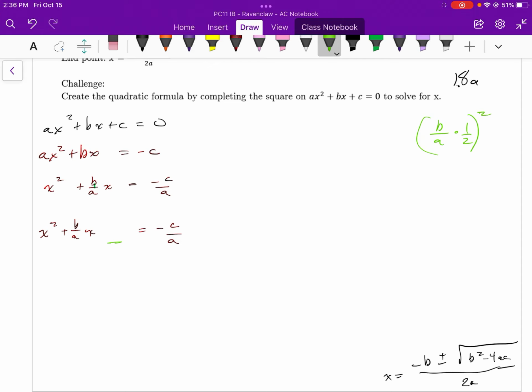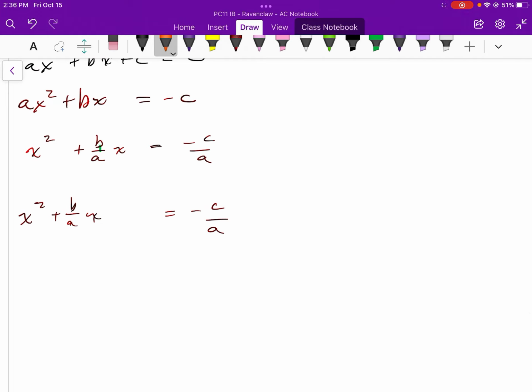So b over a times a half, and I square that. That will be b over 2a, and we're going to square it. So really, this constant term that I add is going to be b squared over 4a squared. So I'm going to add b squared over 4a squared to both sides.